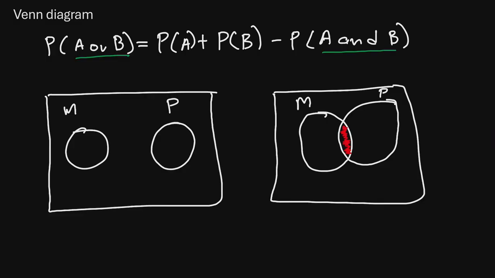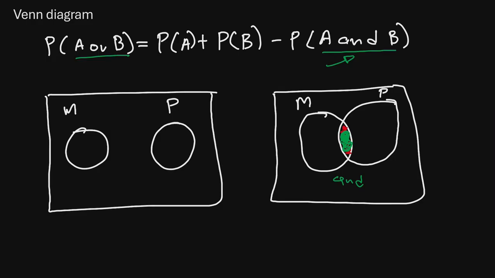If we want the probability of A and B, we look at the students that are taking A and B at the same time. In this case, this part of intersection here represents the probability of the students taking both maths and physical science. So this is AND.